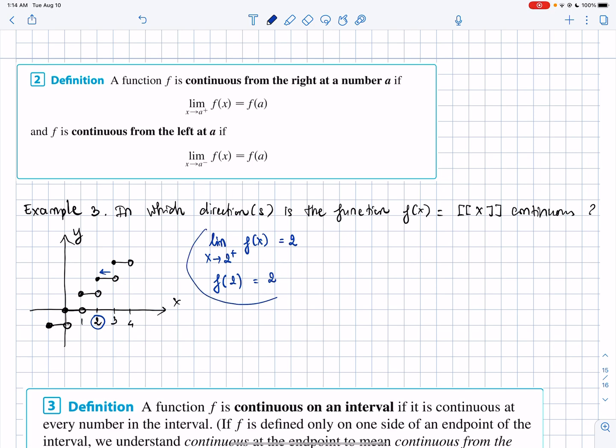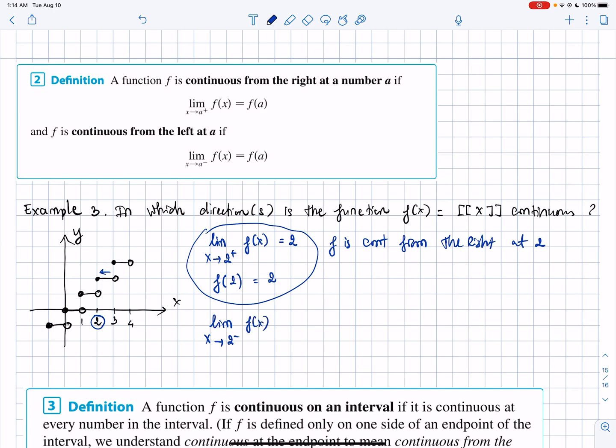So from this, we can see that the function f is continuous from the right at 2. But now let's do the limit as x approaches 2 from the left side of f of x.